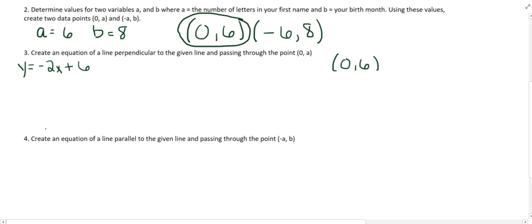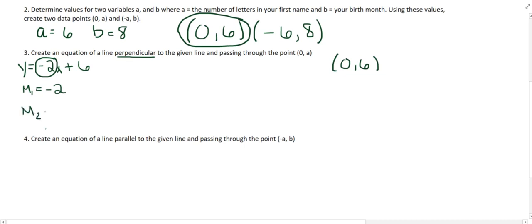Okay, so I want to create the equation of a line perpendicular to this line. So the first thing that I need to do is find the slope of this line. That's the value in front of x, which is going to be negative 2. So the slope of the given line, we're going to say m1, slope of line 1, is negative 2. To find the perpendicular slope, I want the opposite reciprocal.